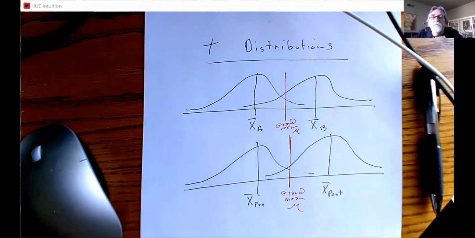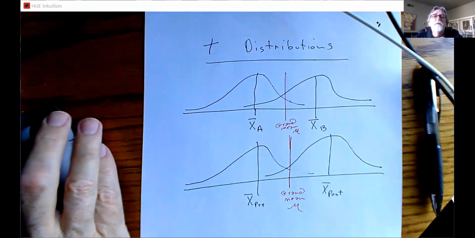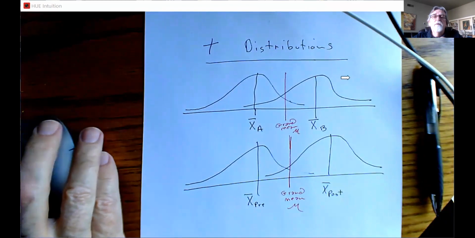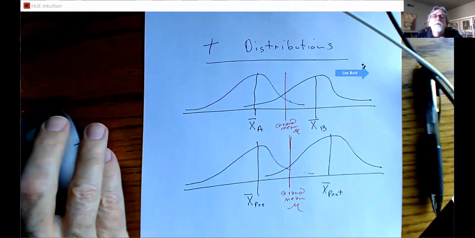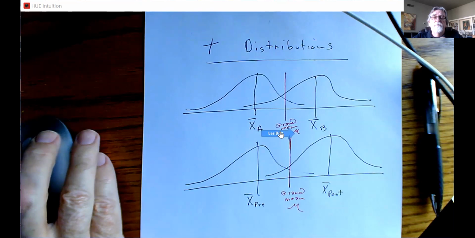But let's say that we have a population distribution in which the grand mean is here. In other words, the overall population mean, the mu, is here.